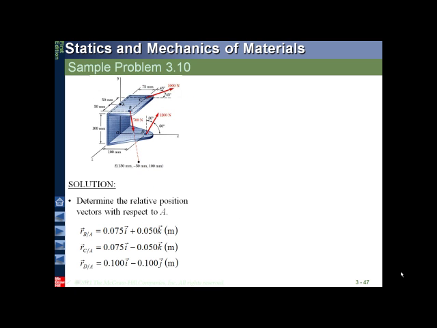All right, so the first thing they do is determine position vectors. Again, we are interested in moments about point A. The way they write the position vectors is like B relative to A, but maybe it helps to think of it as starting at A and walking towards B, or starting at A and walking towards C, and so on.